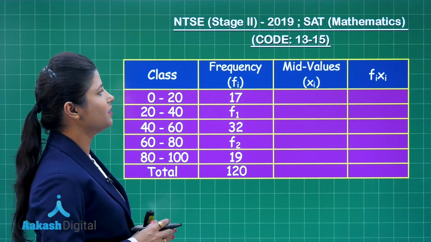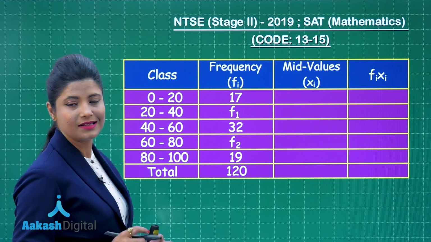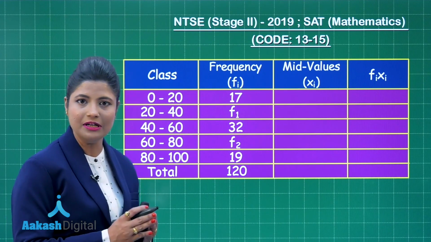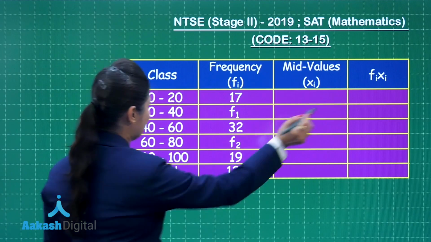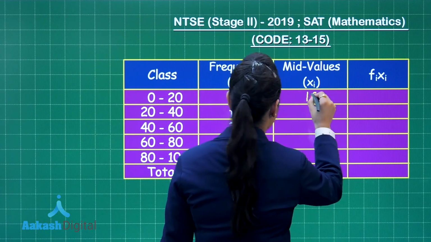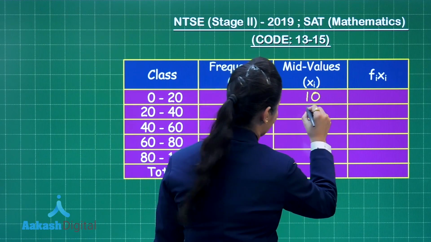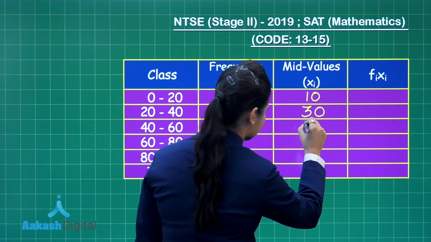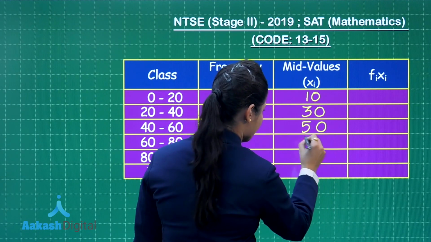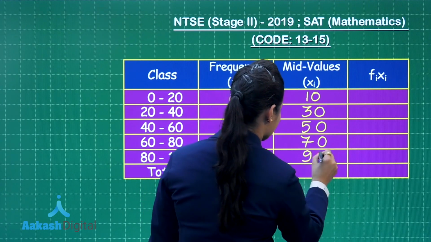Very first we need the mid values, that is the midpoint of each class. You obtain that by taking upper limit plus lower limit divided by 2. For the first class it will be 0 plus 20 by 2, that is 10. For the next class it will be 20 plus 40 by 2, that is 30. Then 40 plus 60 by 2, that is 50. Further 70 and 90.